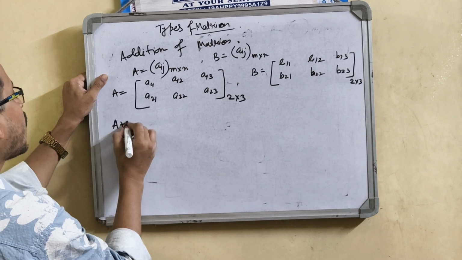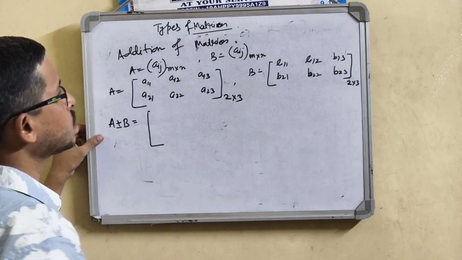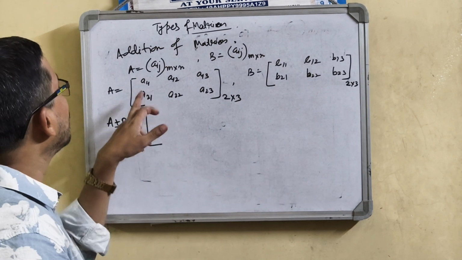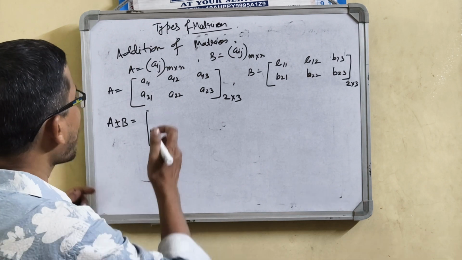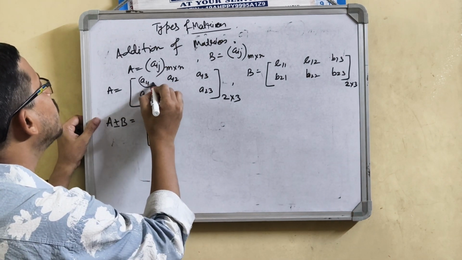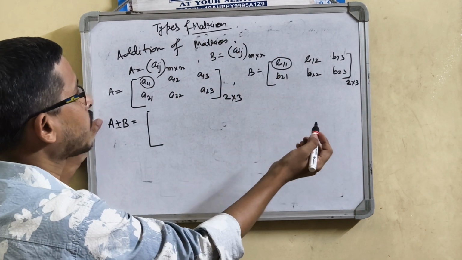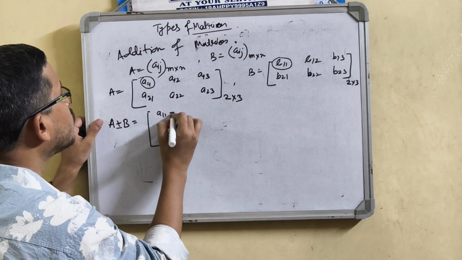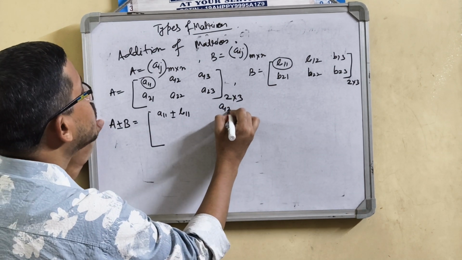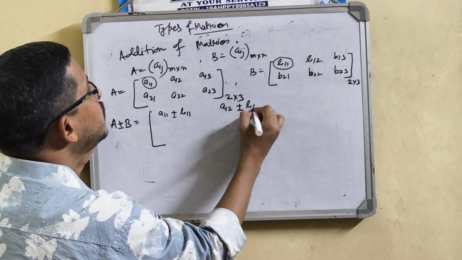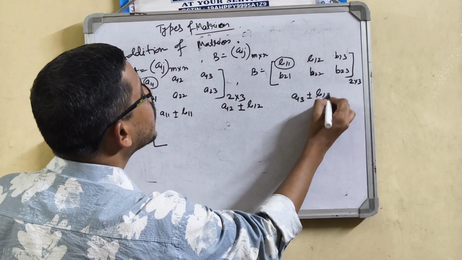Then A plus or minus B, whichever we want to calculate. For the addition of these two matrices, we just have to add the corresponding positional numbers of the first matrix to the second matrix. That means A11 plus or minus B11, then A12 plus or minus B12, A13 plus or minus B13.